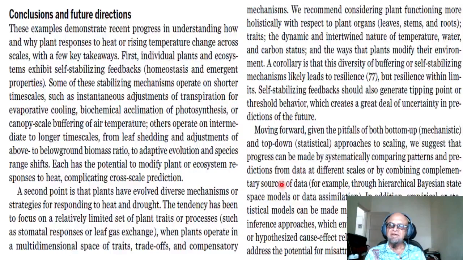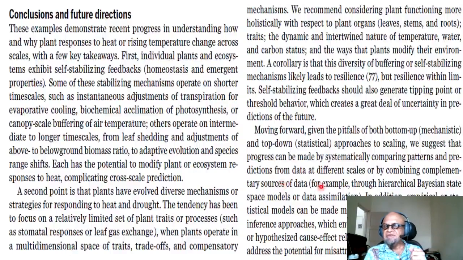Data assimilation is where you have a model based on some principles and you assimilate data to create blended products to better understand the dynamically interpolated system, like in this case, ecosystem or plant responses to heating or warming.